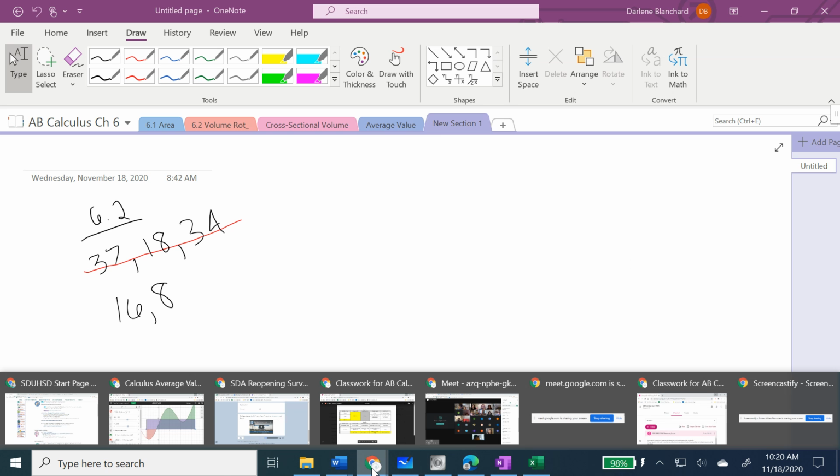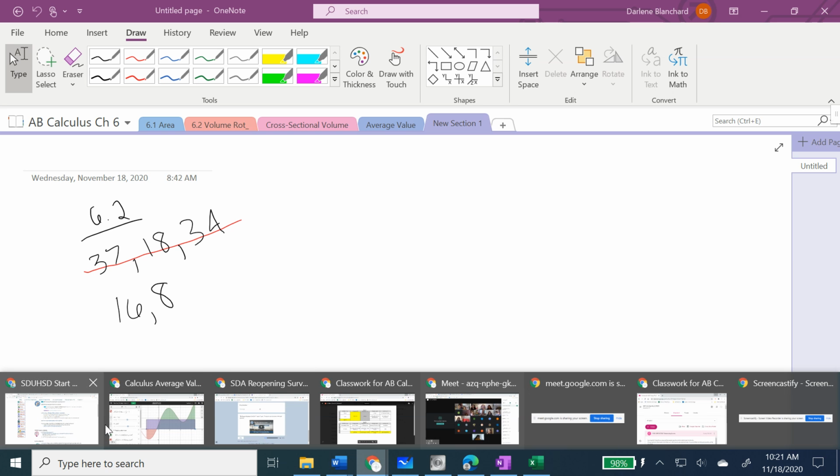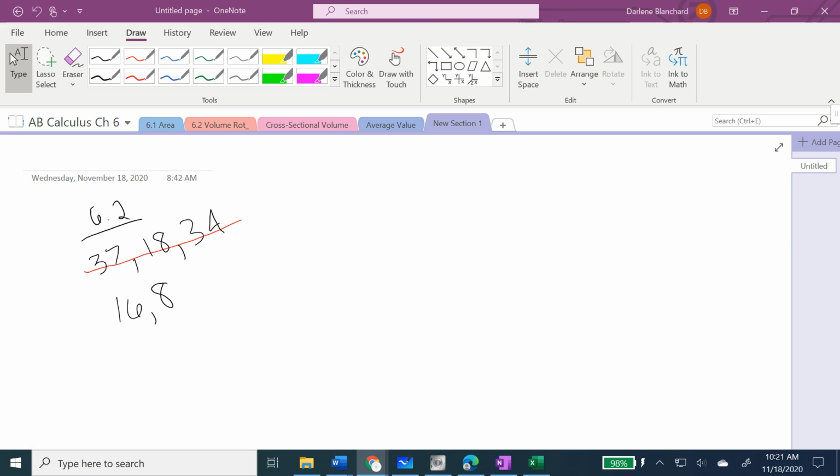So let me find the textbook. I've got it somewhere in this myriad of... Nope, not there. Do I have it there? Yes, I do. I found it. Okay, so 8 and 16.